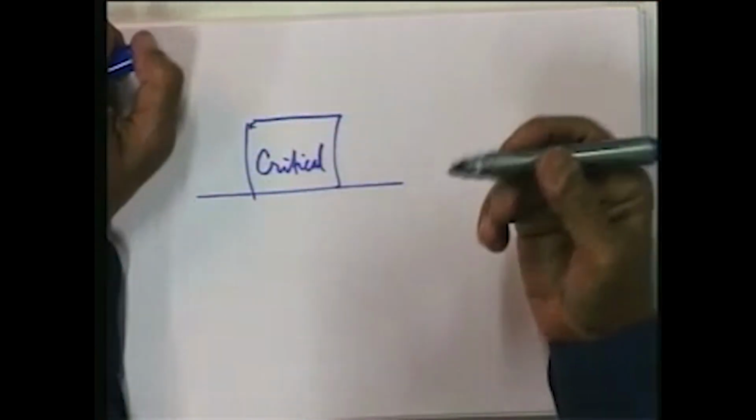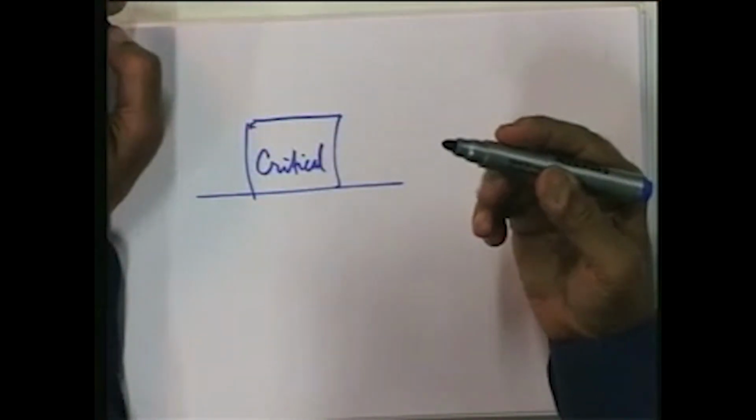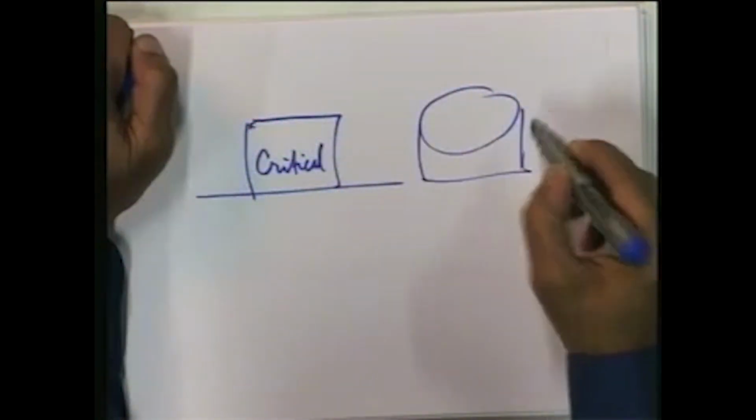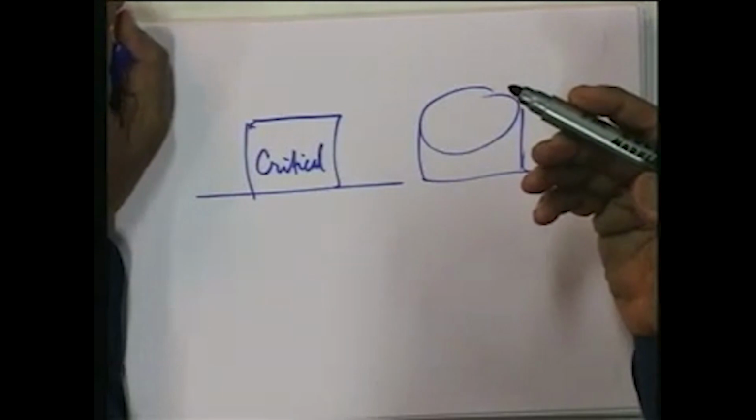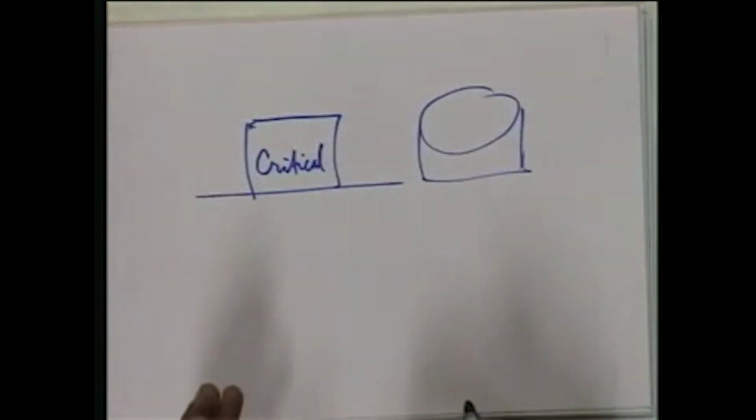Now, more critical than these residential buildings could be, let us say, buildings and structures in factories, huge tanks which contain intermediate products during a chemical process, tanks in which raw material is stored, maybe cement, maybe petrol, maybe any chemical.